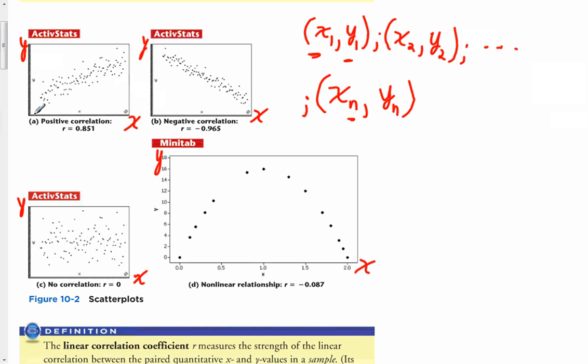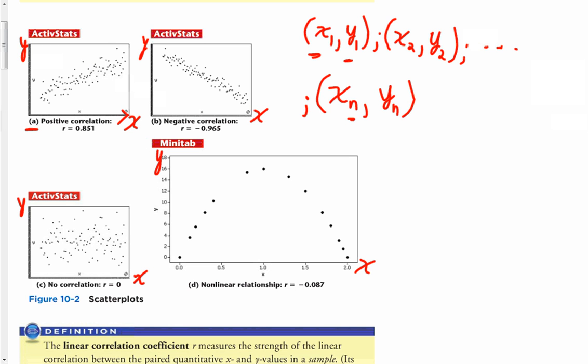For instance, in this first one here, for A, as x increases, as x gets larger and larger from left to right, y is also getting larger and larger. So for the smaller values of x, the values of y are also small. And for the larger values of x, the values of y are also large.